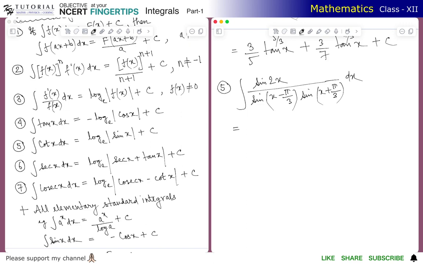So we can clearly see that the angles x minus pi by 3 and x plus pi by 3, if we add them, we get 2x, which is the angle of the sine in the numerator.